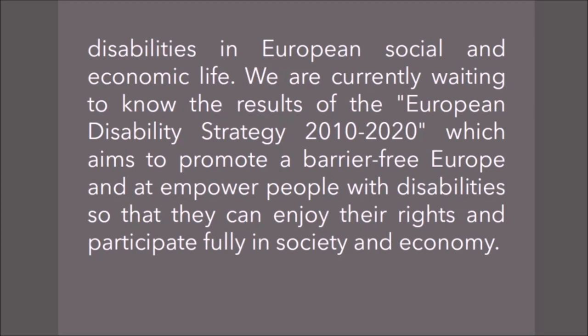We are currently waiting to know the results of the European Disability Strategy 2010-2020, which aims to promote a barrier-free Europe and to empower people with disabilities so that they can enjoy their rights and participate fully in society and economy.